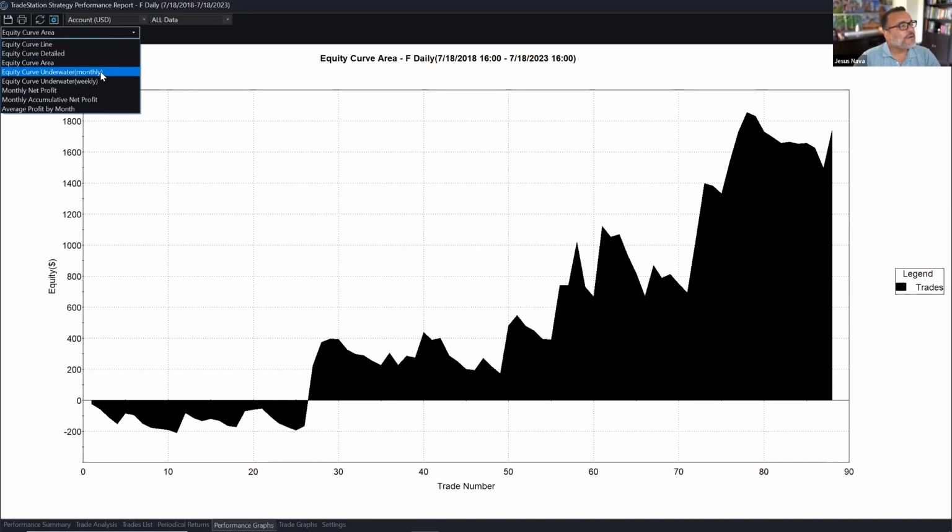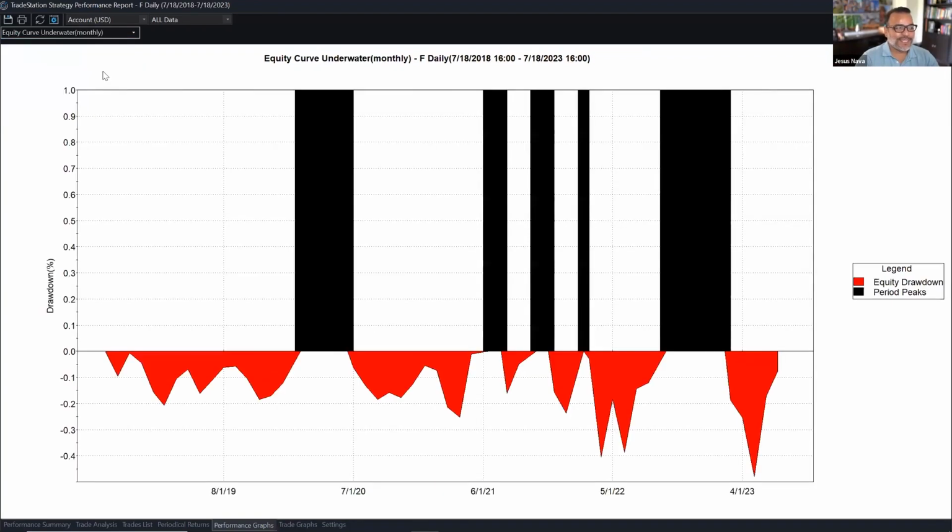Equity curve underwater, there's two of them. We have a monthly calculation, and then we have a weekly calculation. On a historical backtest that is 5 years in time, let's just look at the monthly for a moment. It does give you the 5 years. I was going to say something that wasn't accurate.